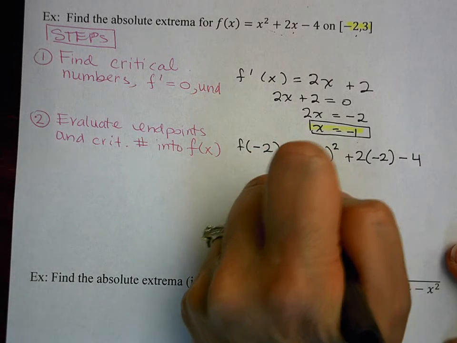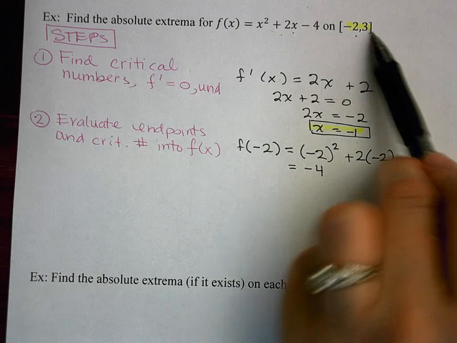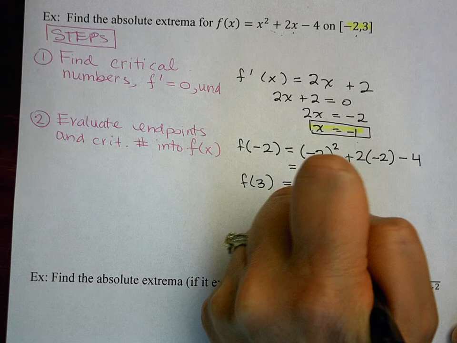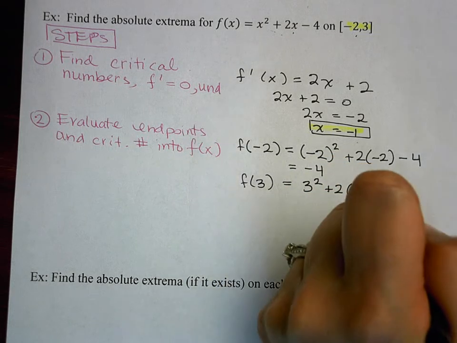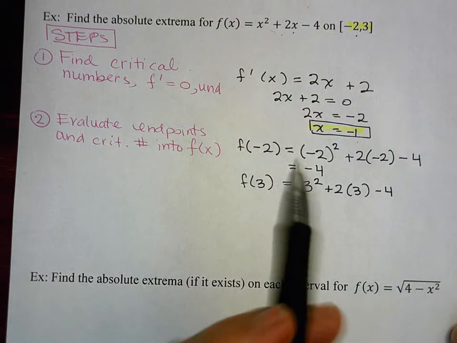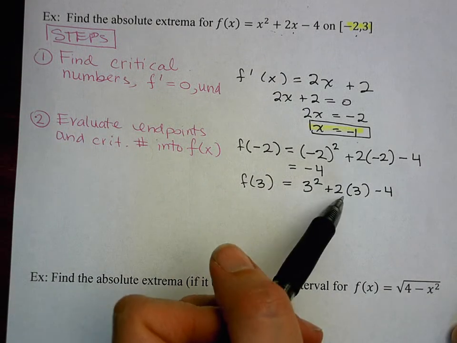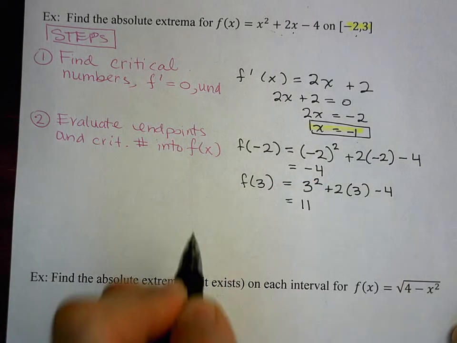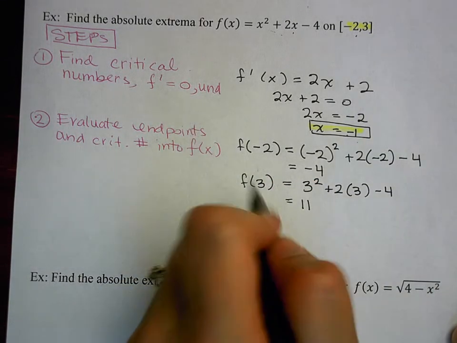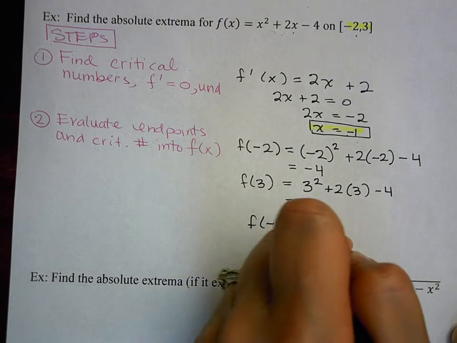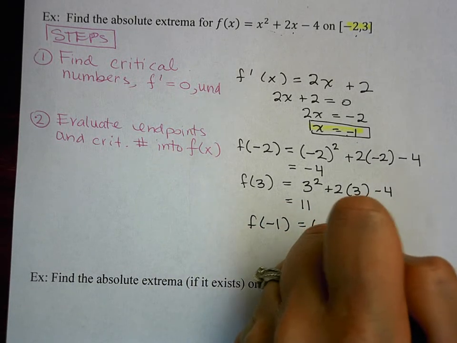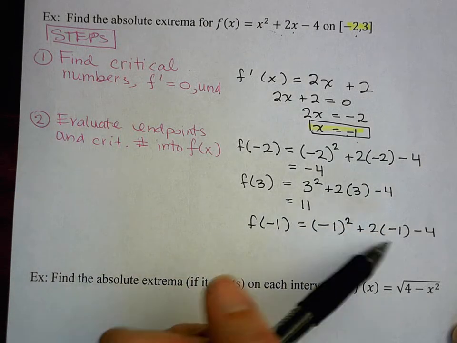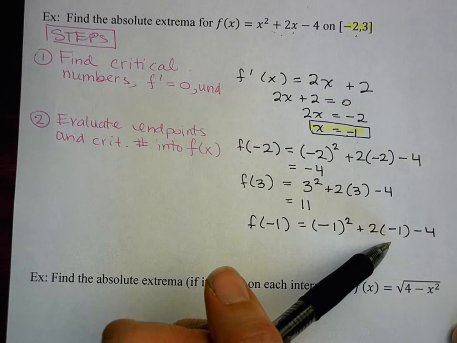Now I'm going to do the same thing and evaluate 3. 9 plus 6 is 15, and then minus 4 is 11. And then finally, my critical number. 1 minus 2 is -1, and then minus 4 is -5.